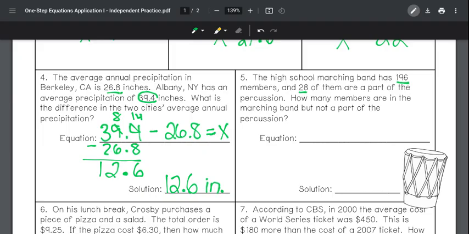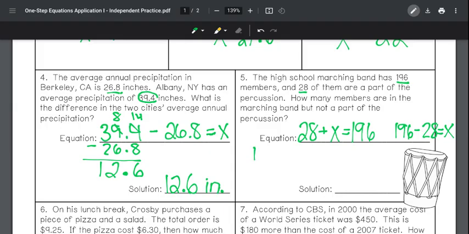So you could do one of two things. You could do 28 plus x equals 196, or you might have thought that 196 minus 28 would give you your x value. Okay, either is fine, they will give you the same answer.